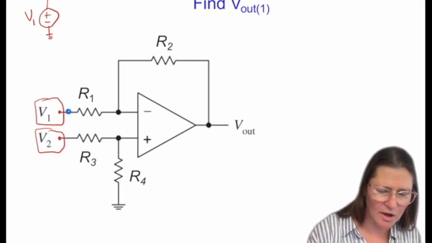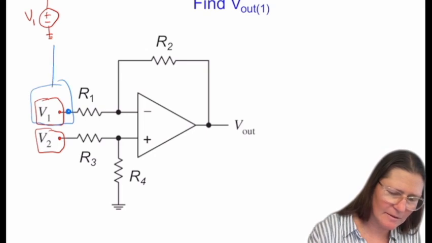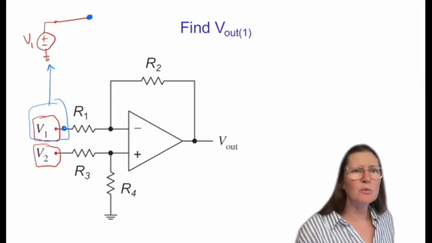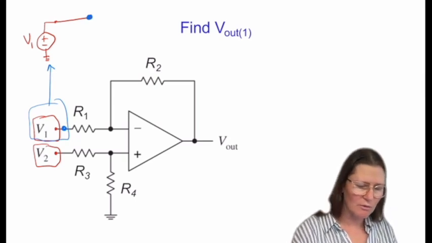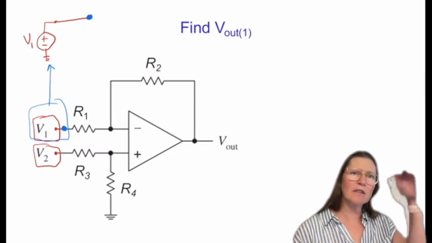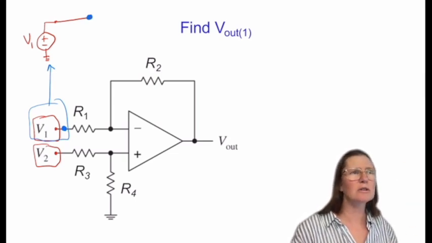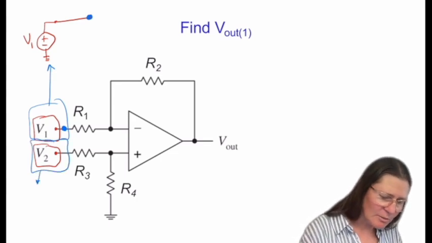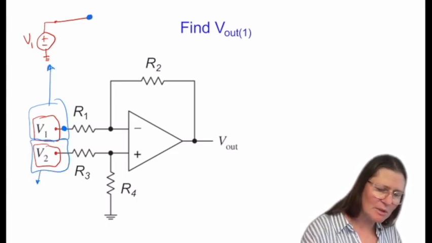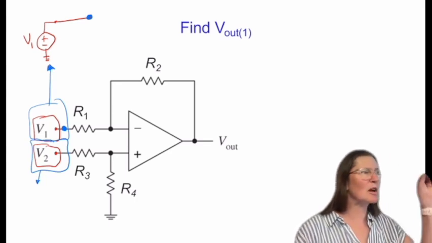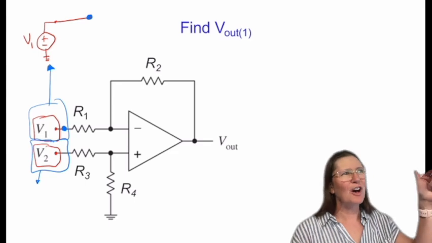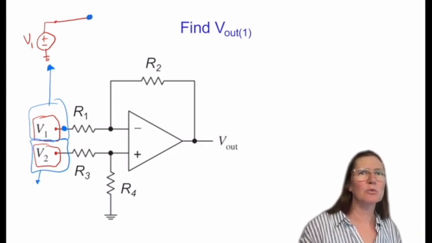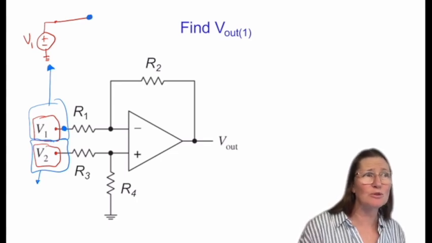So V1 is actually a connection right next to the R1 that goes through a source to ground. And same thing with V2. You're going to start to see this more commonly where it's just some wire with a dot and then a value labeled to it, like V1 or V2, where V1 or V2 would be your input sources.